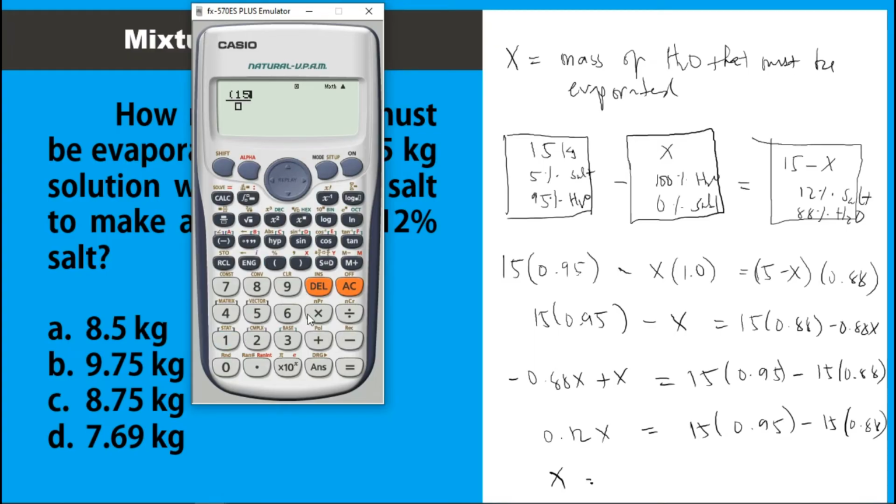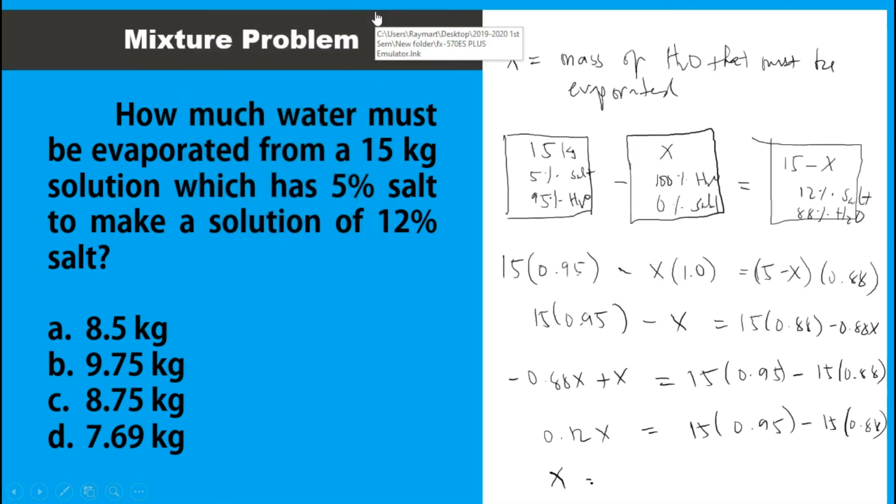So x equals 15 times 0.95 minus 15 times 0.88, all over 0.12. That is 8.75 kilograms. So you need to remove 8.75 kilograms. That is 100% water.